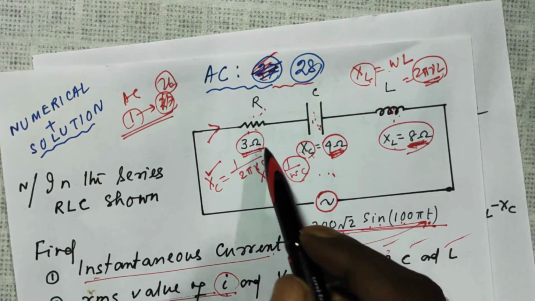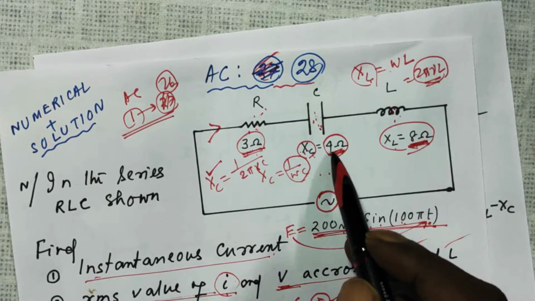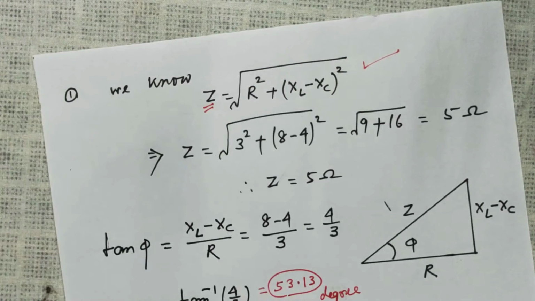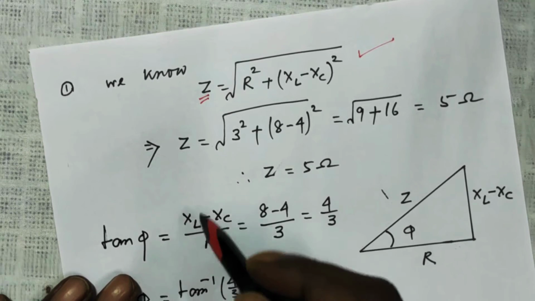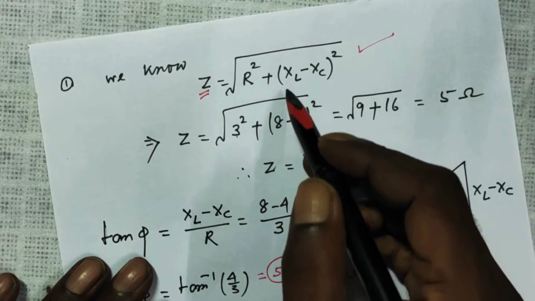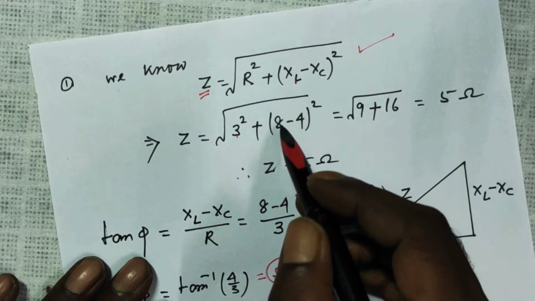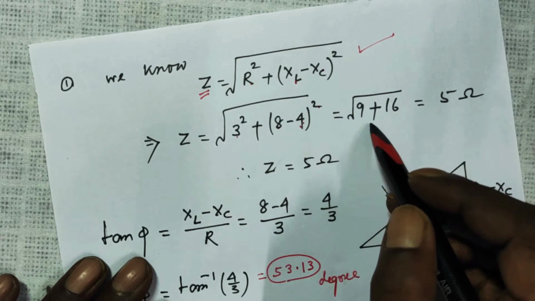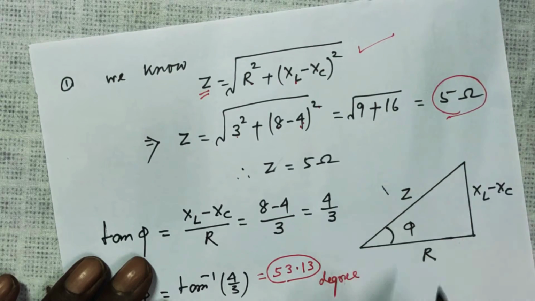Don't think 3 ohm plus 4 ohm plus 8 ohm is equal to 15 ohm, not that way. So let us find out how much it is. Your Z is equal to the square root of square of 3, plus XL given as 8 minus XC given as 4, so 8 minus 4 square. So this comes out to be 5 ohm.